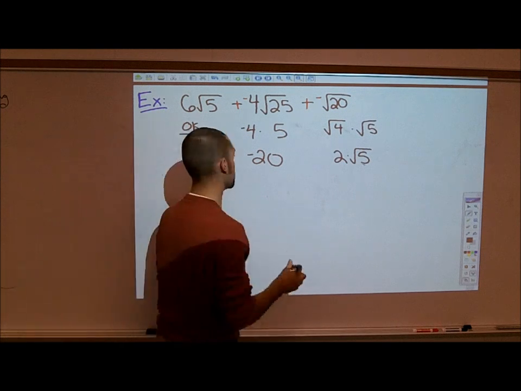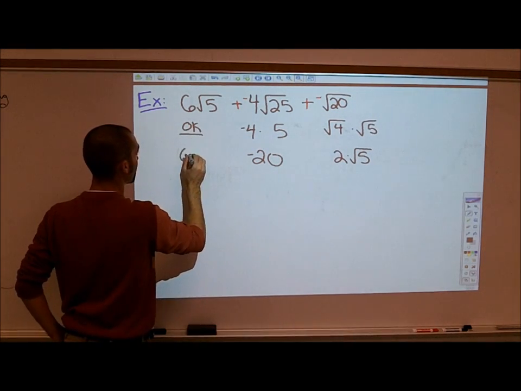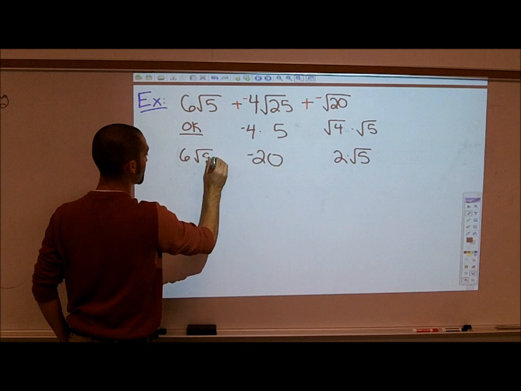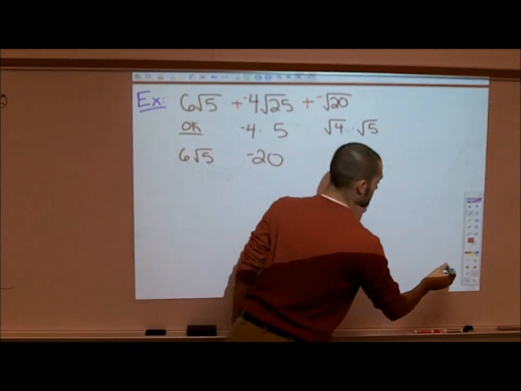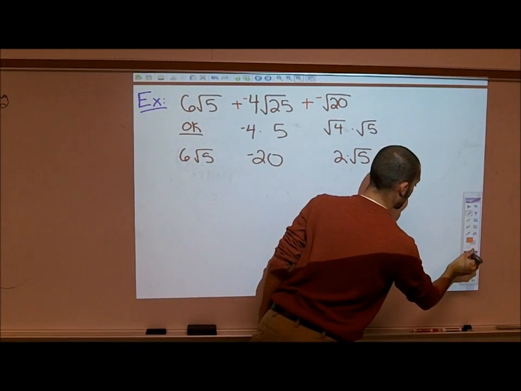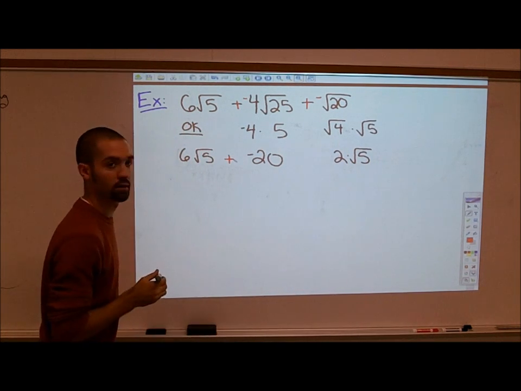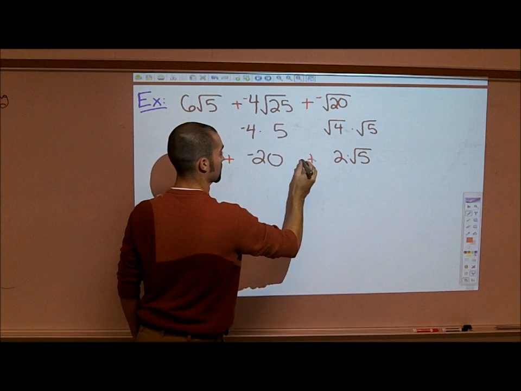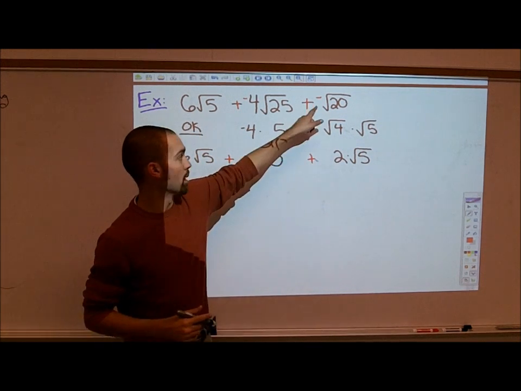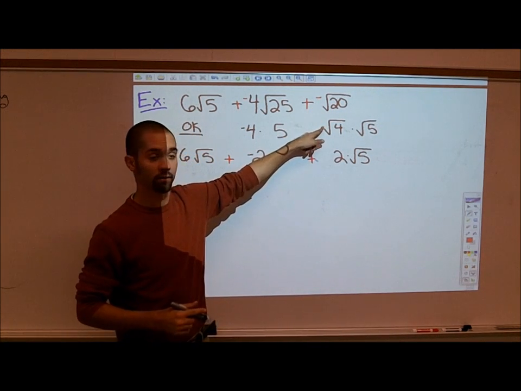Okay, so my new problem that I have is 6 square root of 5 plus negative 20 plus, oh, I forgot. Remember this was negative, so there should be a negative out in front of here.